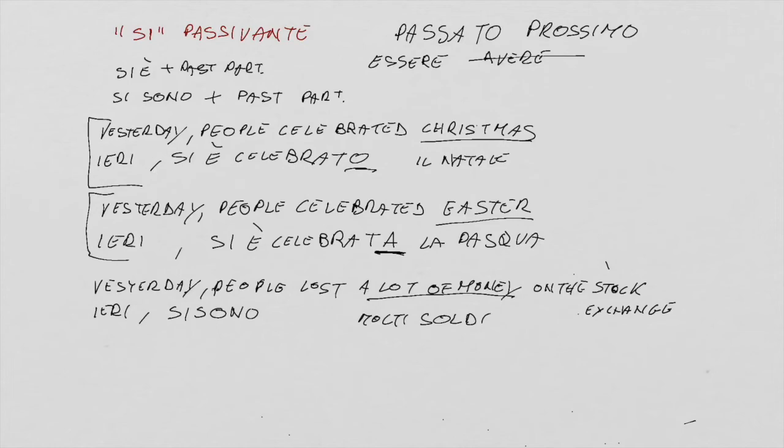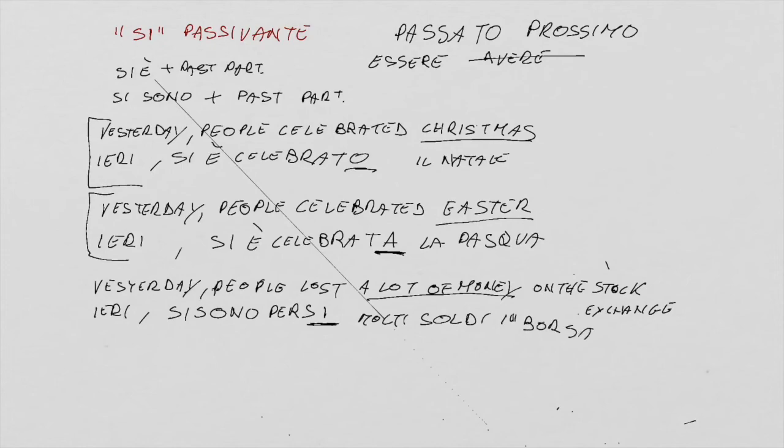In this case, we have an irregular past participle. The past participle of perdere is perso. But since molti soldi is plural and masculine, I replace the O with an I. And the result is ieri si sono persi molti soldi. And the stock exchange in Italian is in borsa.